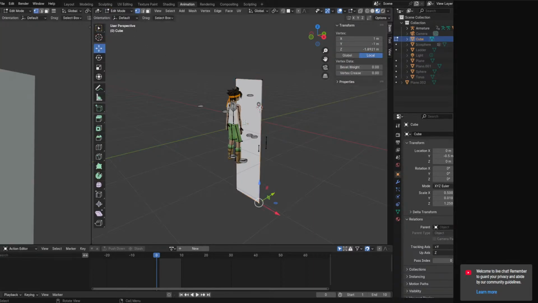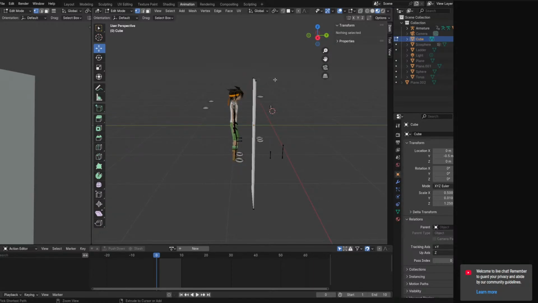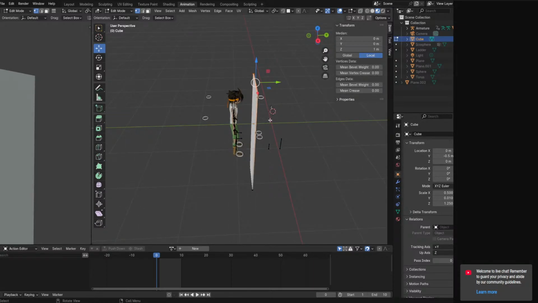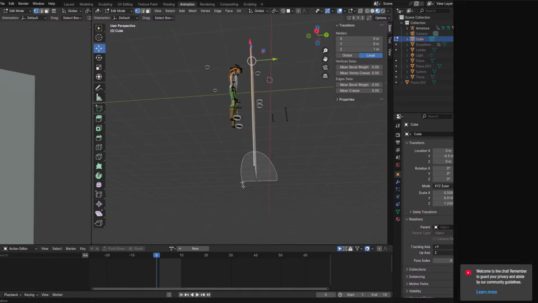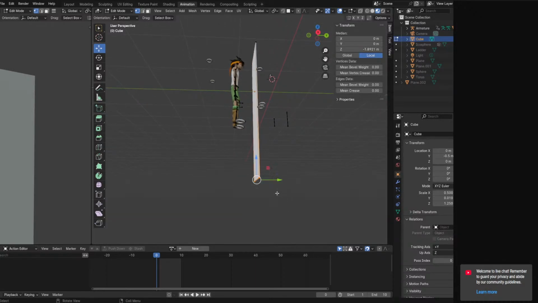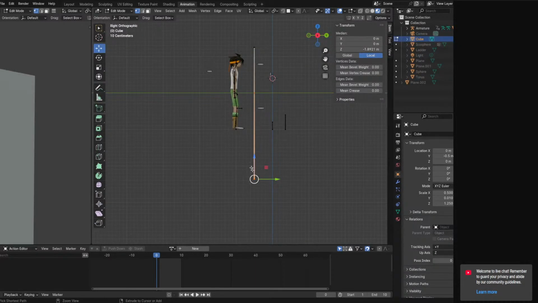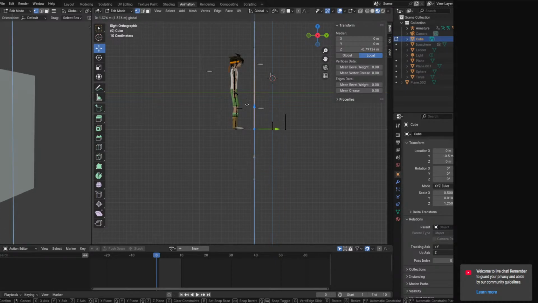Don't you hate when you forget words? Oh yeah, the position that it uses to make the calculations is whatever happens to be the origin of the mesh.